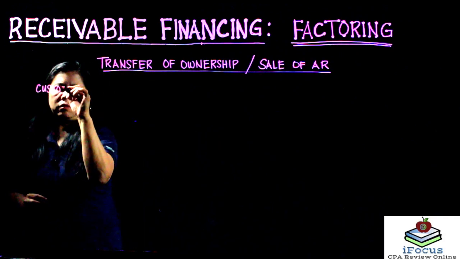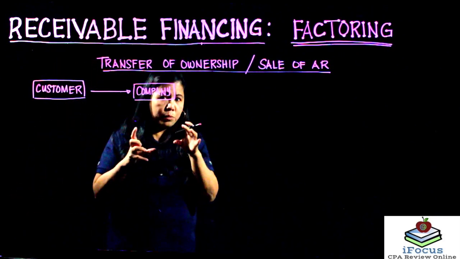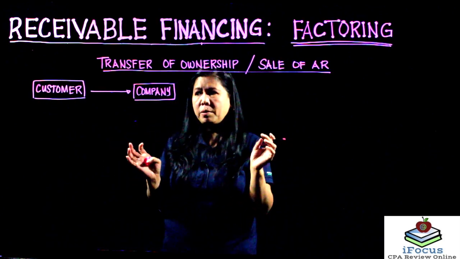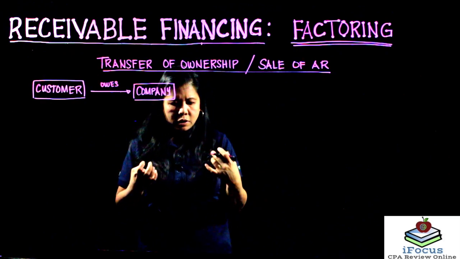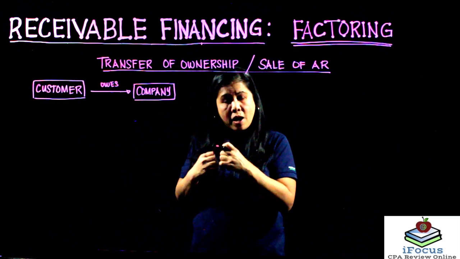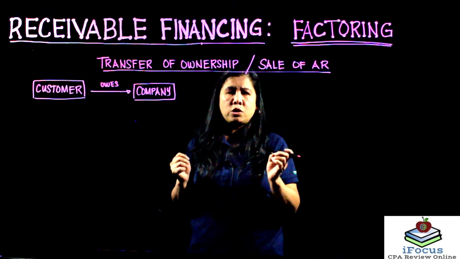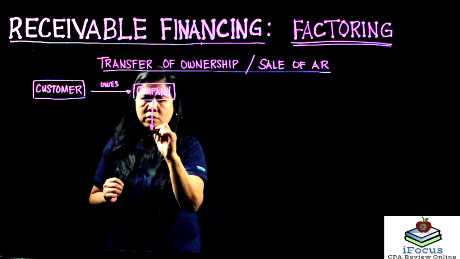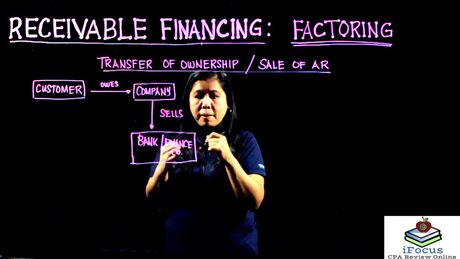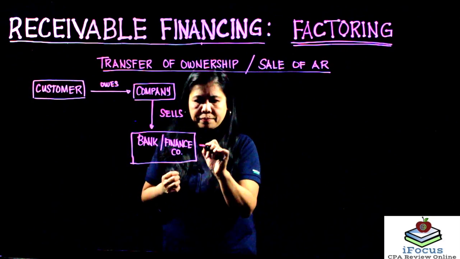Ganito yan. So the customer owes the company and the company creates this accounts receivable. Then, itong si company nangangailangan siya ng pera, so ibibenta niya ngayon sa isang factor, sa bangko or other financial institutions or a finance company. And this bank or finance company, they are called the factor.